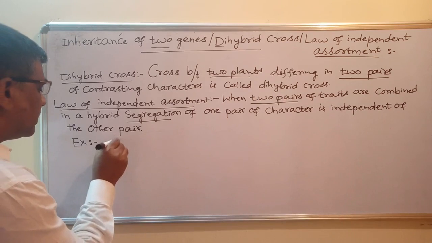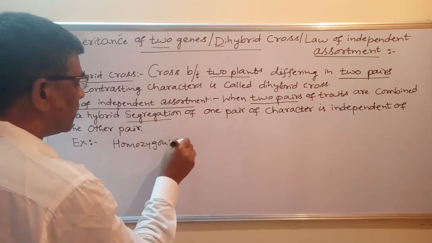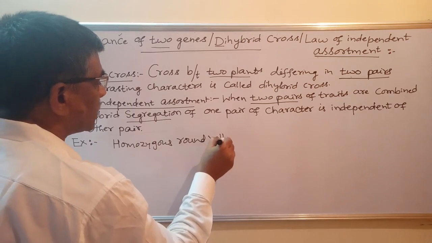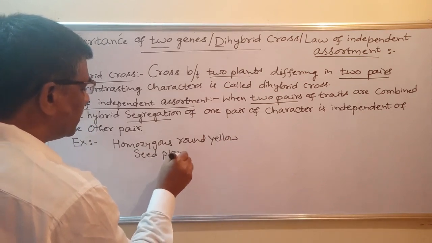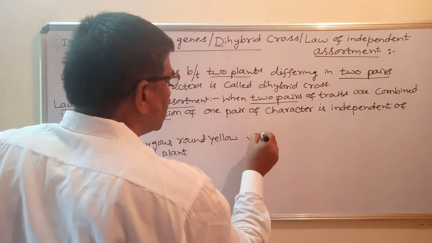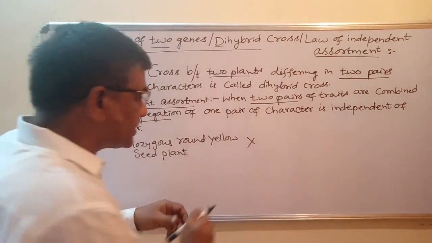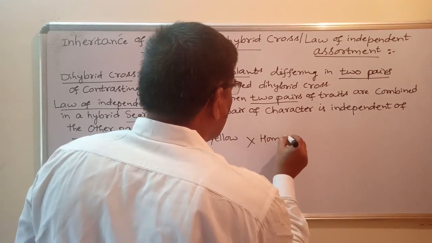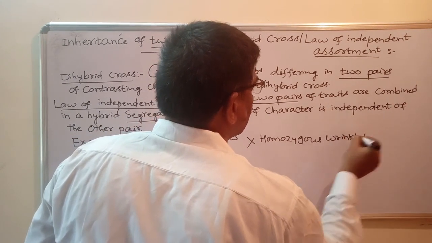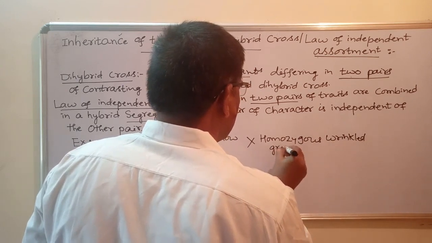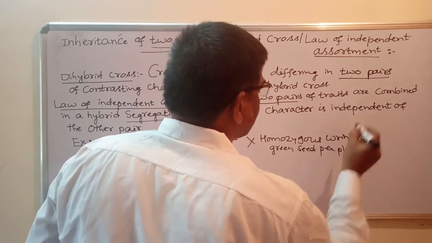He crossed a homozygous round yellow seeded plant with a homozygous wrinkled green seeded pea plant. He conducted experiments in pea plants only.